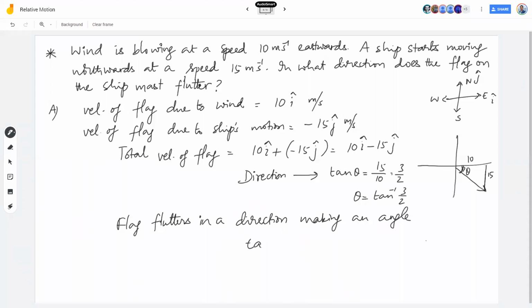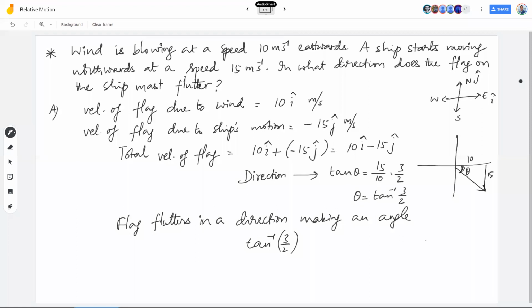How much angle? Tan inverse of 3 by 2. What do you say? Tan inverse of 3 by 2. Is it south of east or east of south?